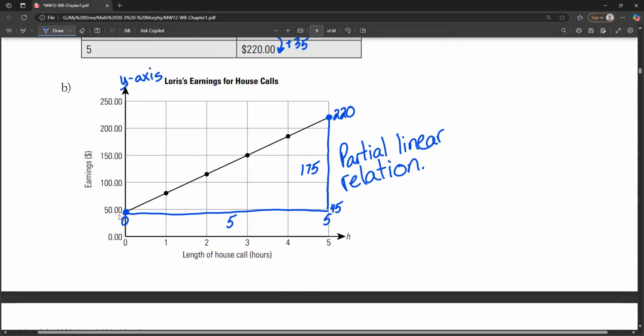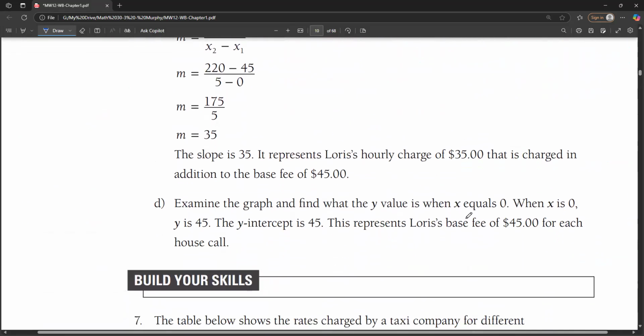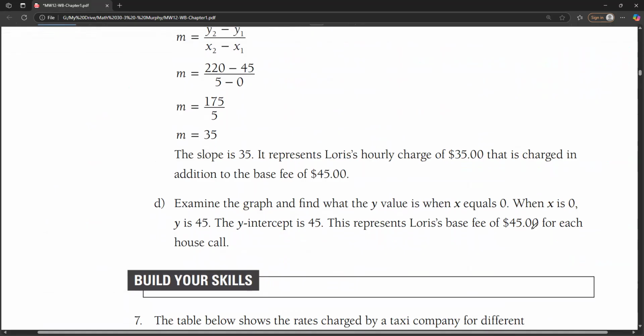And that y-intercept, you can just go y-int, is 45. Okay. And what does that represent? It represents the base fee of 45, because remember, Loris starts at $45. So you can think of the y-intercept as where you start from for your earnings.